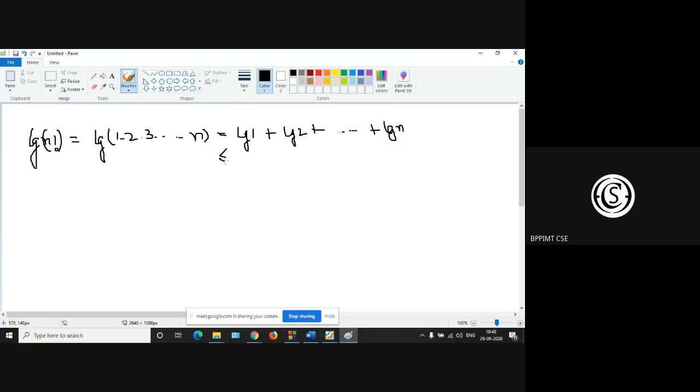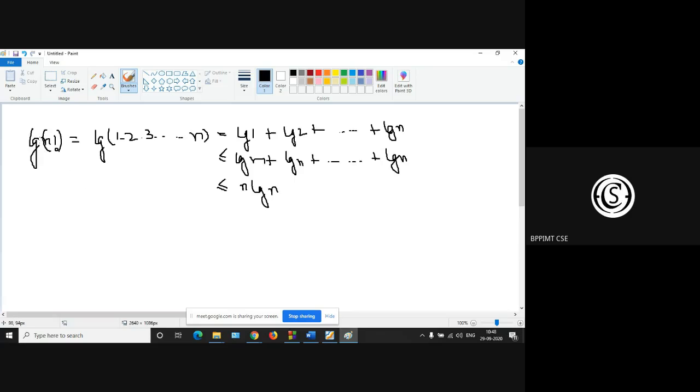So this can be less than or equal to lg n plus lg n plus up to plus lg n, which is less than or equal to n lg n.